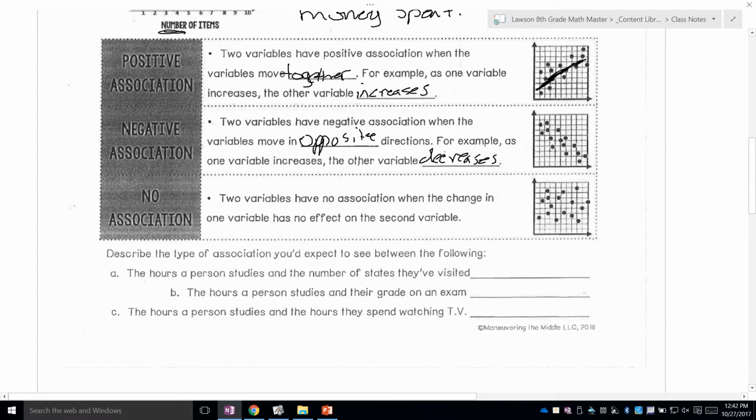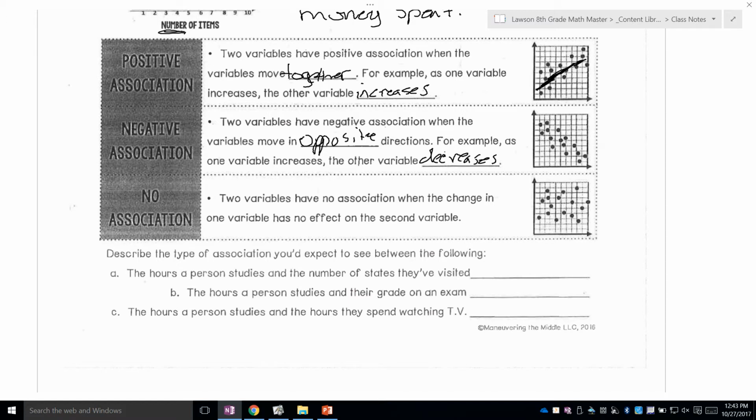Okay, and that could be used like if we were plotting data about the amount of hours you exercise versus the amount that you weigh, right? Because the more that you work out, that's going to go up. Say you work out 1 hour a week, 2 hours a week, 3 hours a week. As that number grows or increases, your weight would decrease, right?